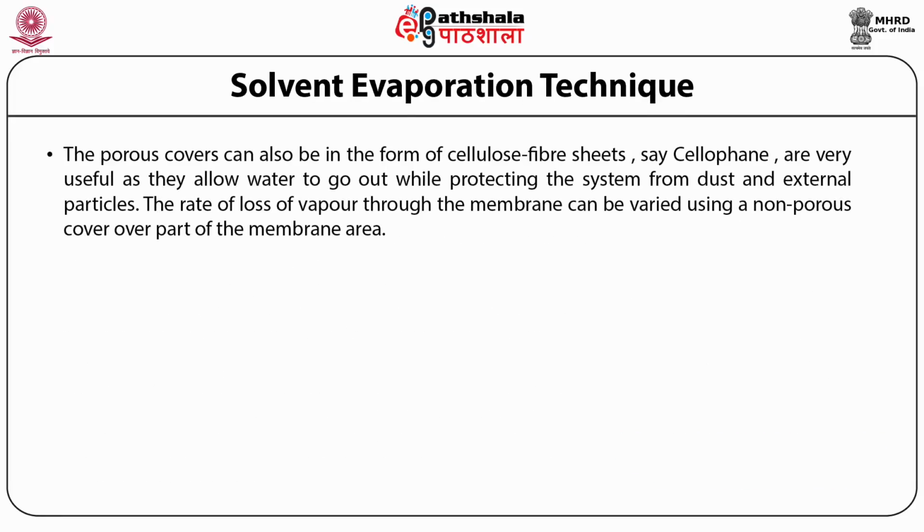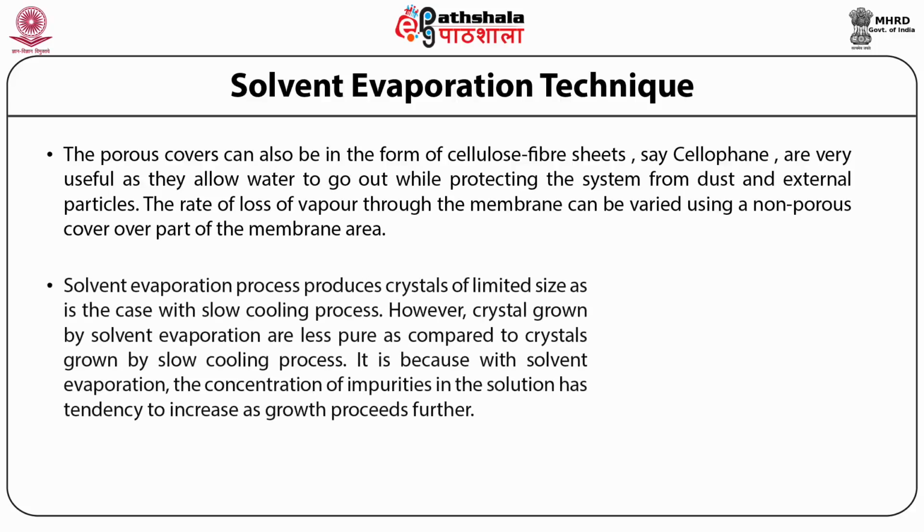The porous covers can also be in the form of cellulose fiber sheets, say cellophane, which are very useful as they allow water to go out while protecting the system from dust and external particles. The rate of loss of vapor through the membrane can be varied using a non-porous cover over part of the membrane area.